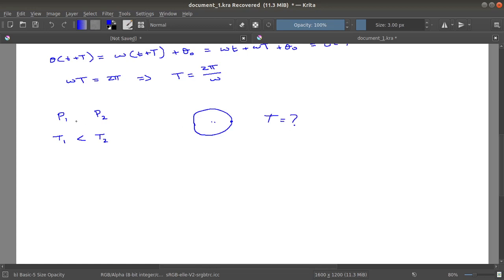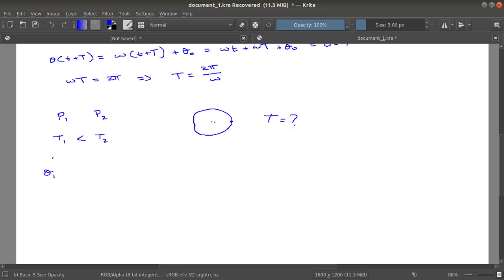Now let's see. They are running at a constant speed, so if this is the time period for person 1, what is his angular speed? Let's denote his position on the ground as theta 1.